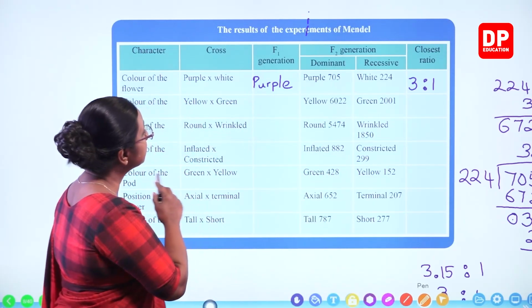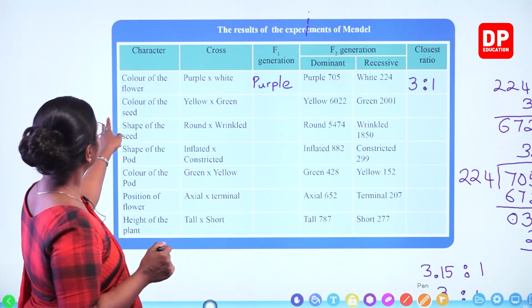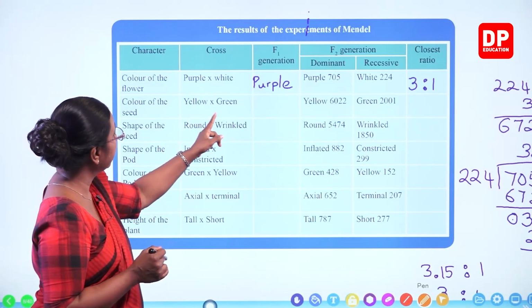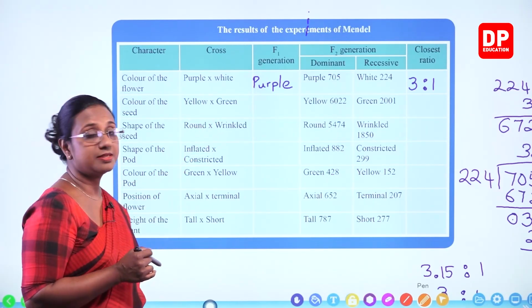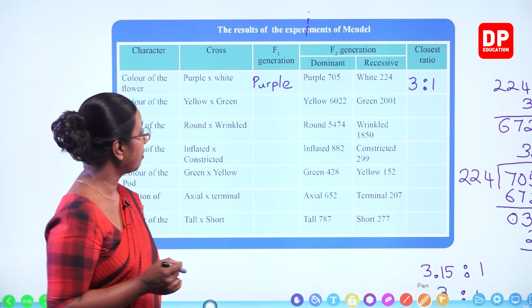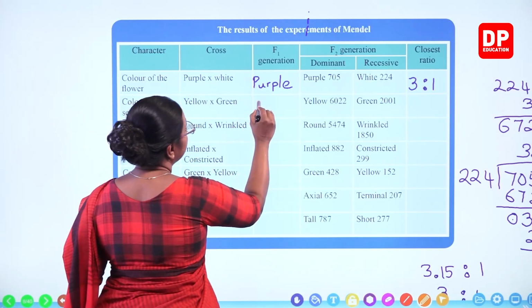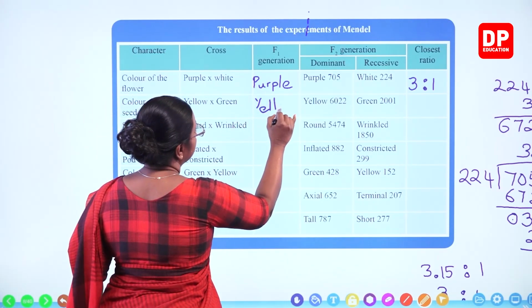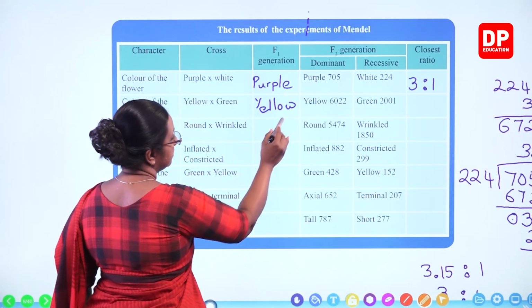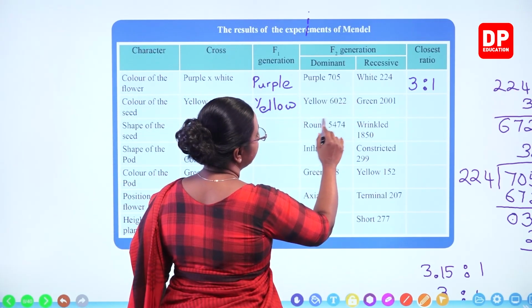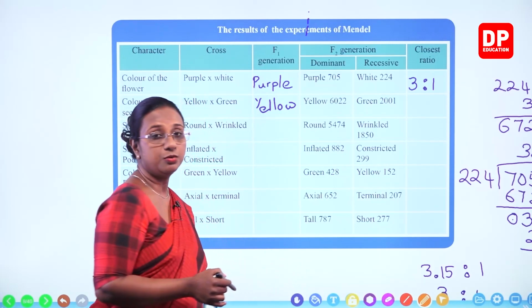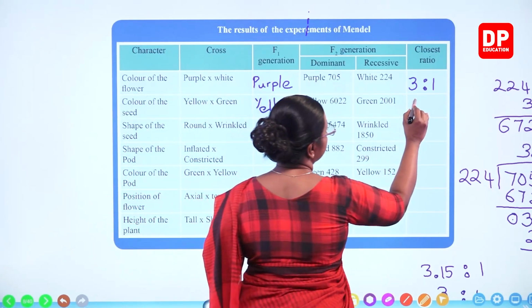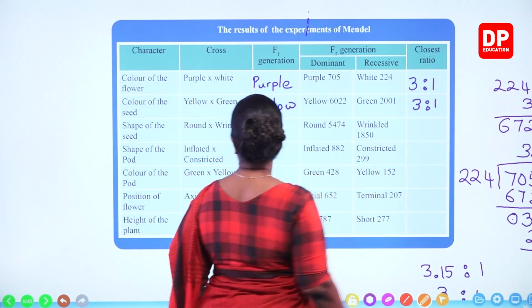So then, if we look at the second set of characters, color of the seed, yellow and green. The contrasting characteristics are yellow and green, color of seed. Out of that, yellow is the dominant character, because here you can see yellow 6022, green 2001. So the closest ratio is 3:1.